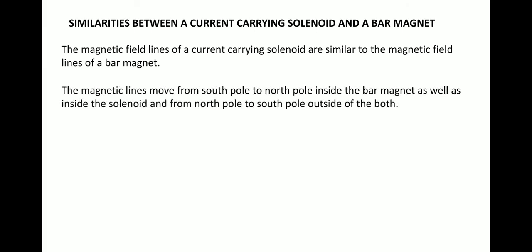The magnetic lines move from south pole to north pole inside the bar magnet, and also in the case of a solenoid. Outside the bar magnet they move from north pole to south pole, and also outside the solenoid they move from north pole to south pole.